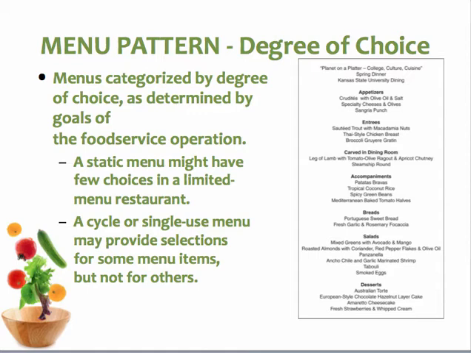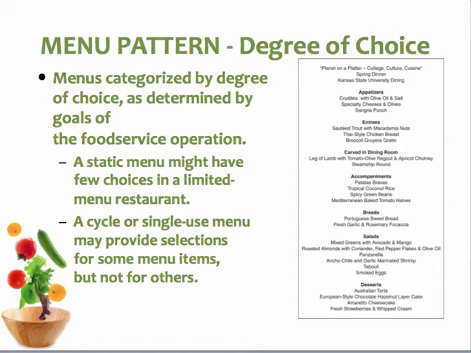The pattern is categorized by the amount of choice that's offered, and that choice is driven usually by the kind of operation that is providing it. A static menu could have either a few choices in a very limited menu restaurant or even in a healthcare environment, or it might have more choices depending on, like, the example a few slides back from the Sodexo account.